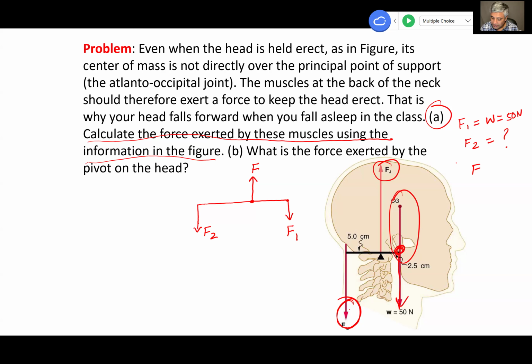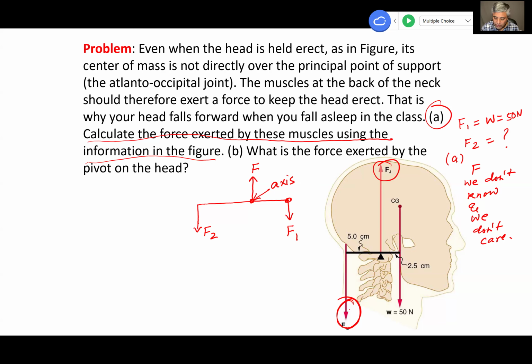For part A, F, we don't know and we don't care. So when you have that particular force, see here, we know it, so we do not want to eliminate W. So that's why you do not want to choose the axis of rotation here, okay? So that's why this is the good choice for the axis in this case.